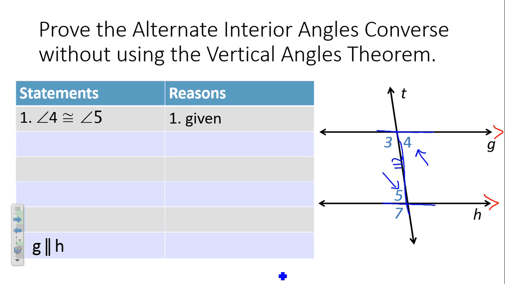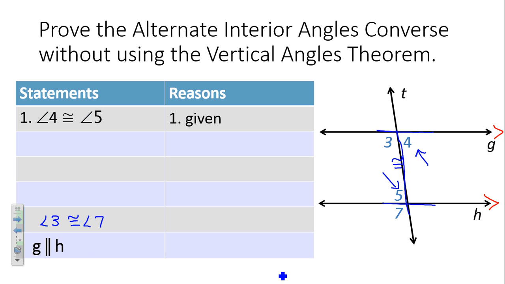So one way to approach this is to say 3 and 7 are corresponding. Good. But we don't know that those lines are parallel, so we can't say that they're equal. But if we can get there, that's where we're going. We want to get angle 3 congruent to angle 7. Okay, that's our goal.